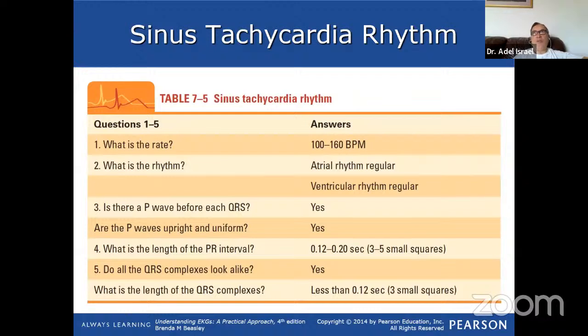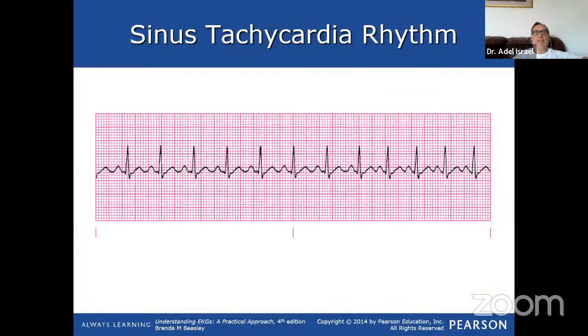And if we compare with the golden slides, it tells us everything is normal, except the heart rate ranges between 100 up to 160 beats per minute. Let us go by this very famous EKG strip, which comes frequently in all the exams. So pay attention to this.